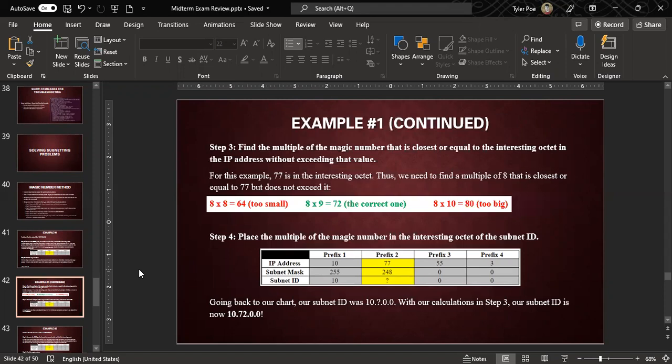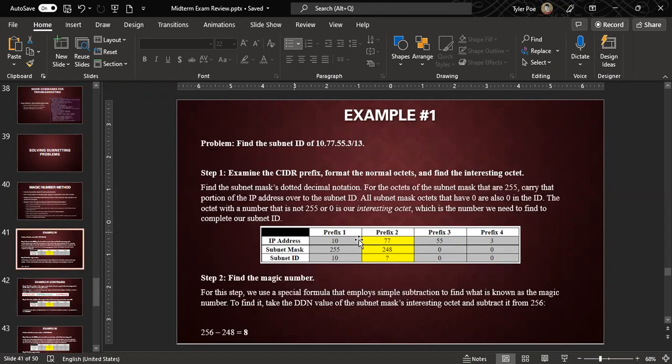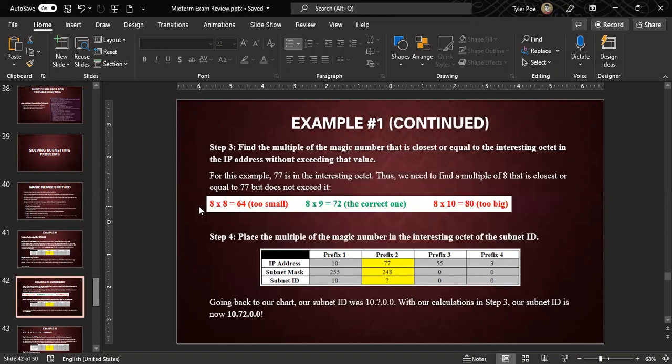So what do we do with this number? What we do with it is find the multiple of it that is closest to or equals the interesting octet in the IP address without exceeding that value. So if you look back at the table, excuse me, our interesting octet is 77. So our goal is to find a multiple of 8 that is closest to or equals 77, but we want to make sure we do not exceed it.